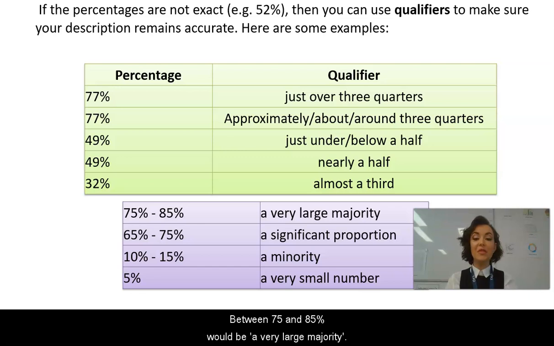And between 75 and 85% would be a very large majority. If you're getting close to 100%, we could use phrases like almost all. And of course, if it is 100%, we could say all. Okay.